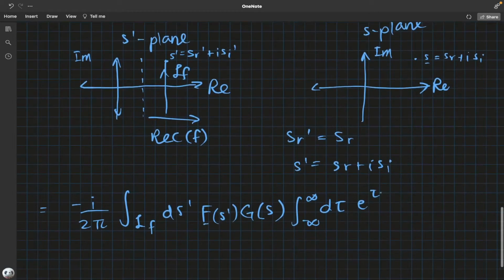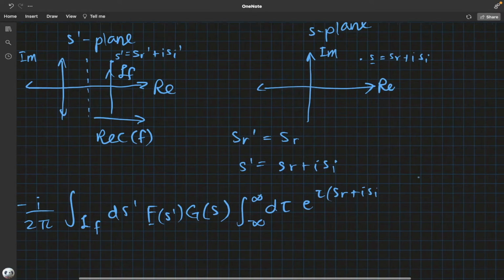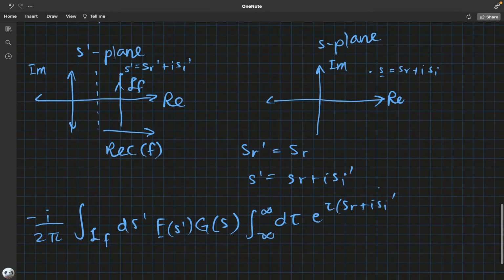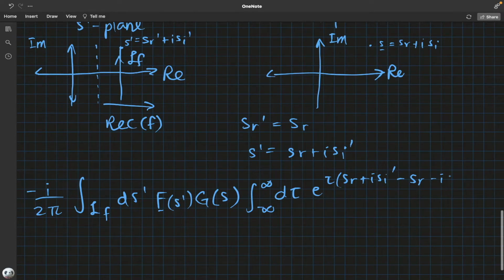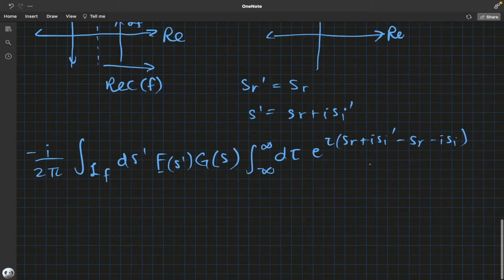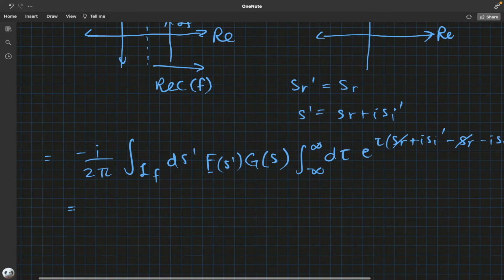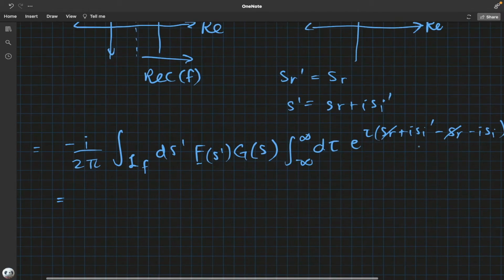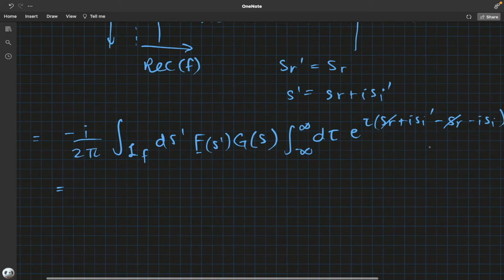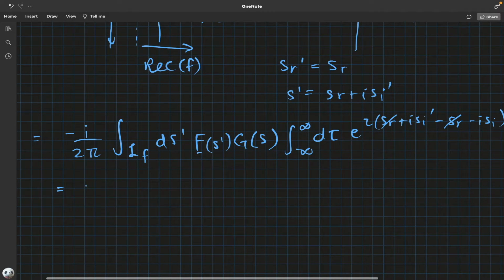S prime is, as I said, SR plus i SI. I forgot the prime, my bad. Prime minus S, and S is SR minus i SI. This cancels, which is nice. We can regenerate a Dirac delta here. This integral just becomes the Dirac delta. This extra 2 pi factor cancels with the denominator. We have minus i.